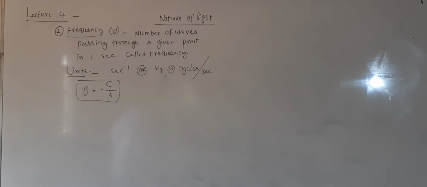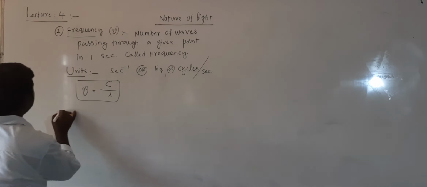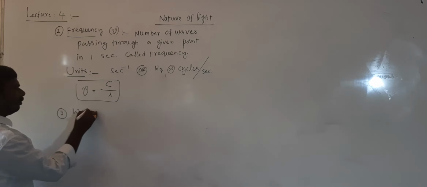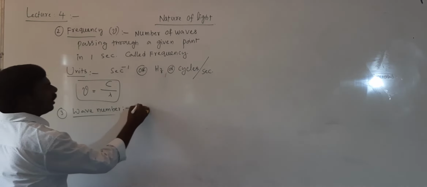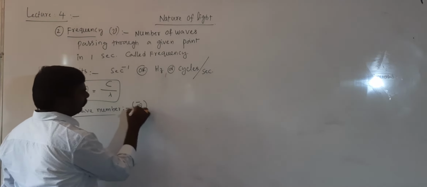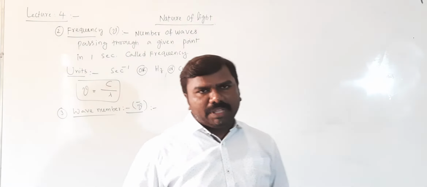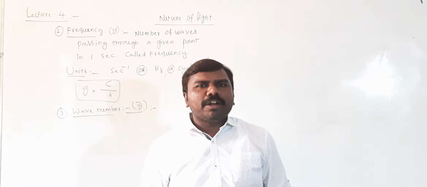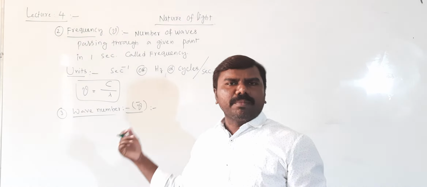Next, the third one, wave number, indicated by nu bar. It is reciprocal to that of wavelength. The number of waves in unit distance is called wave number.